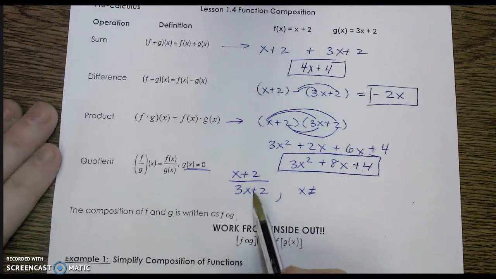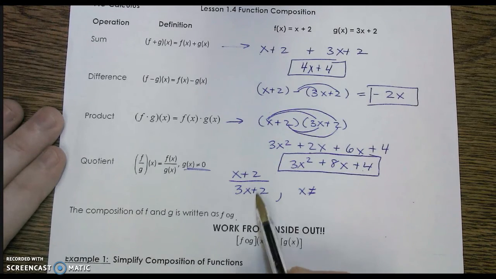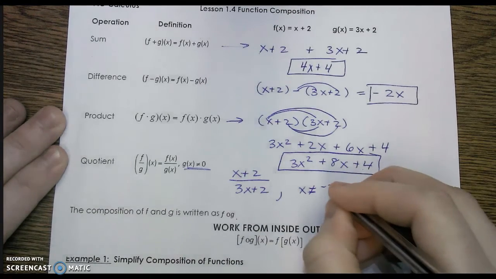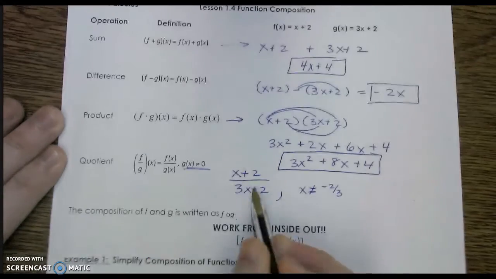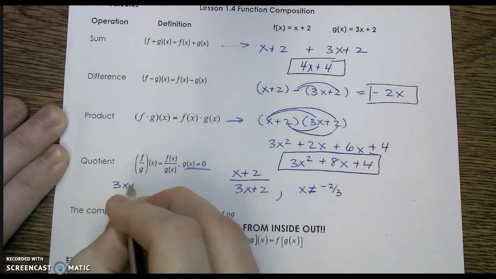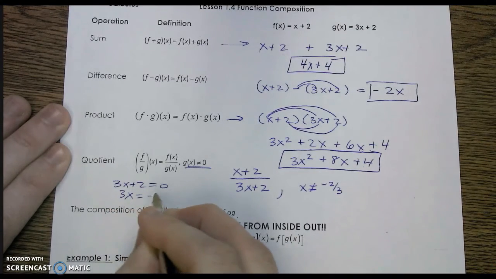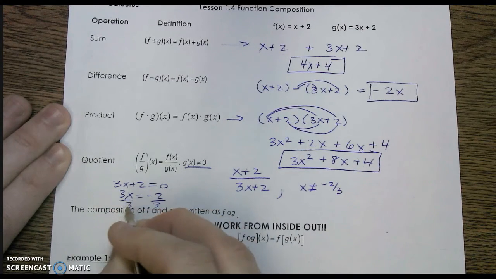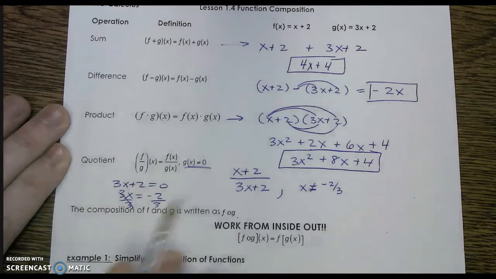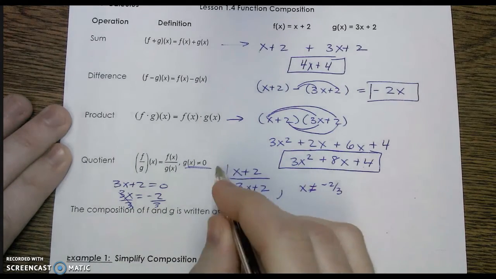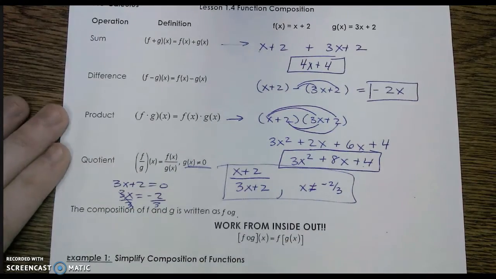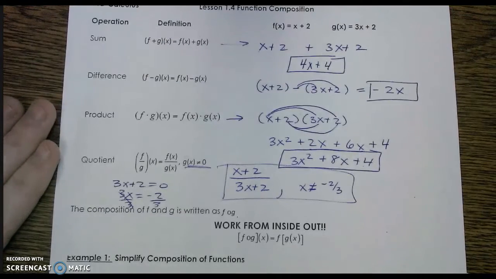So if we subtract 2 and divide by 3, negative 2/3 is what would make this 0. And what I just did was I set that equal to 0 and I subtracted 2 and divided by 3. That's the x value that would give you 0, so it cannot be part of the domain of the function.